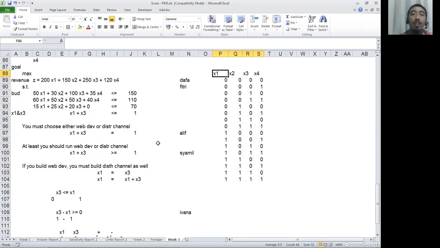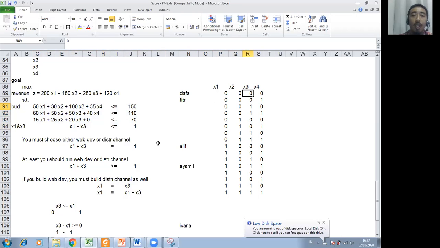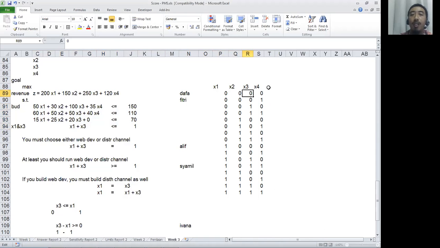Now we evaluate these combinations using all four constraints, which one is okay and which one is not okay. Let's say this one, 0 0 0 0.